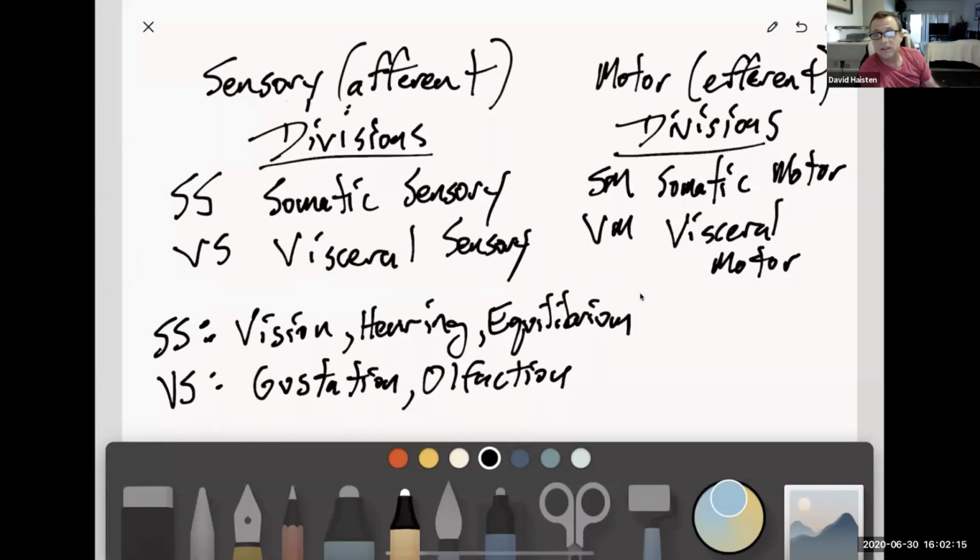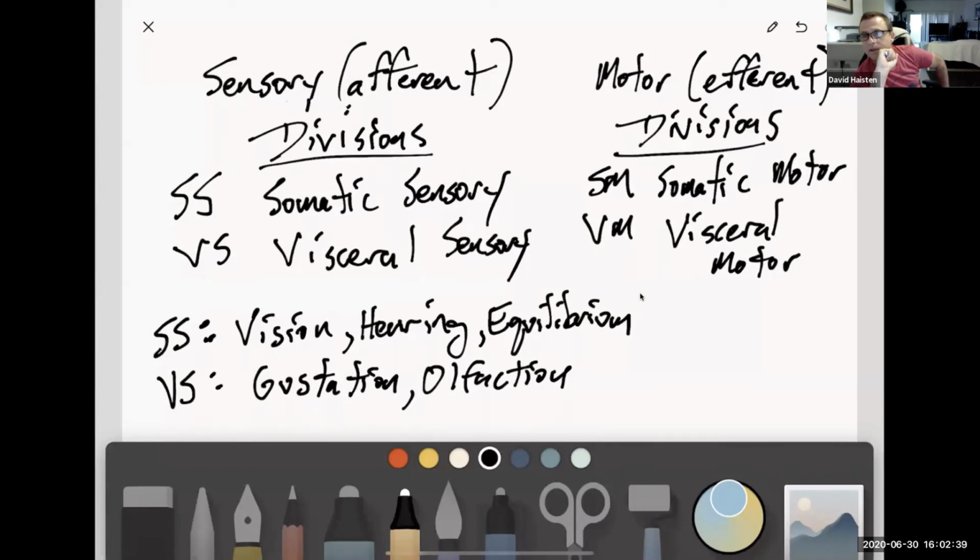What else is considered SS, somatic sensory? In your outer body tube, you have receptors in joints that detect the amount of stretch in the joint. And in your skeletal muscle, you also have receptors that pick up how much that muscle is being stretched.